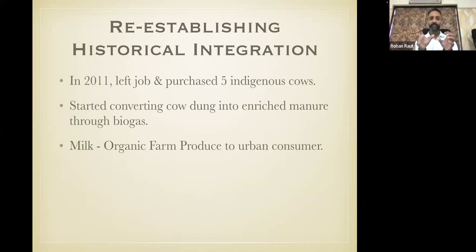So this initial setup got started. I sold milk from 2012 to December 2016 at the rate of 60 rupees. At that time, no one cared about A2 milk. This was also an issue in my mind.